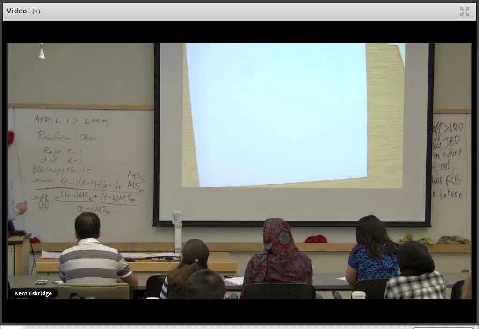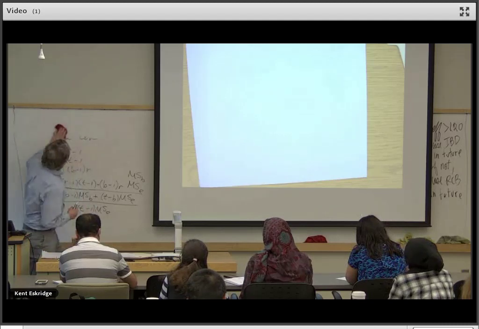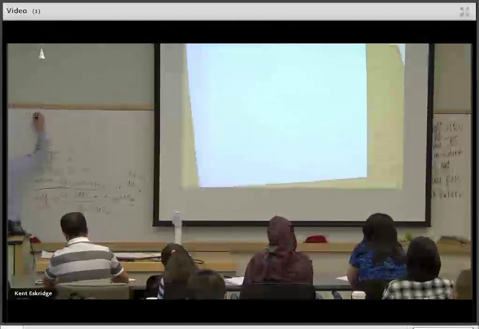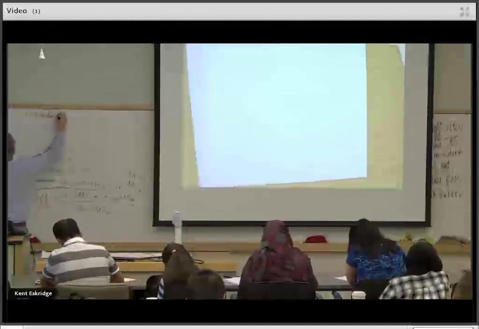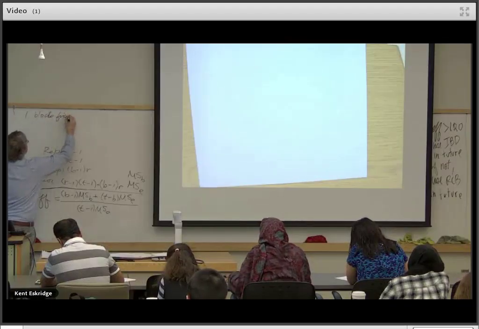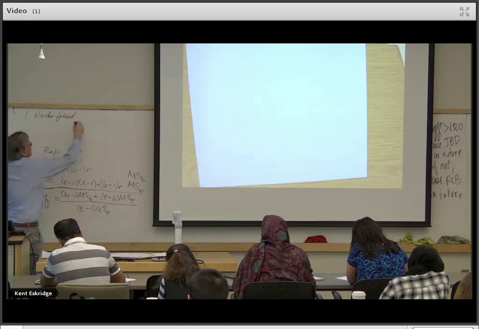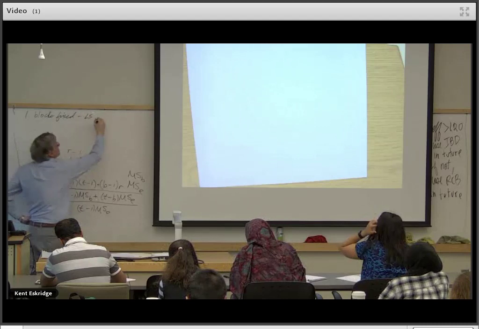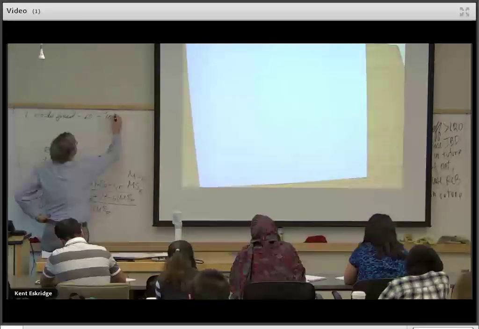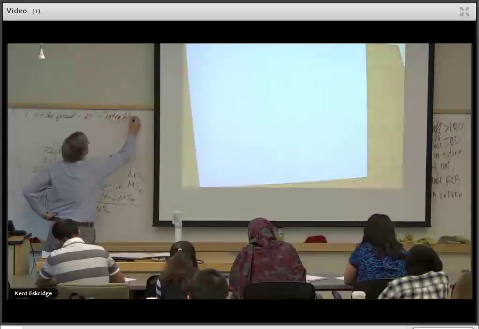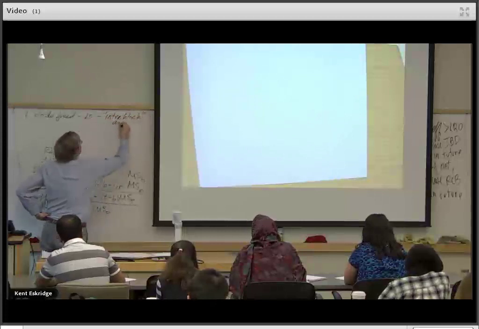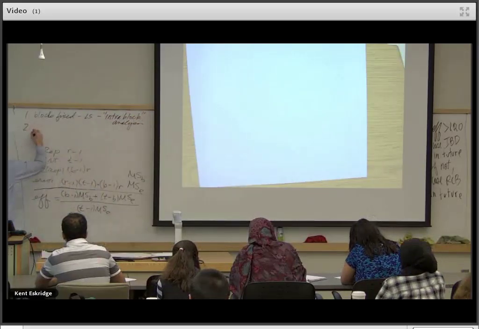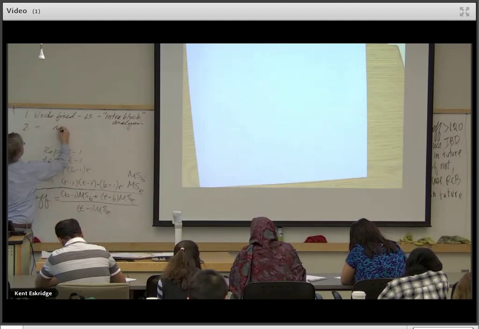Okay, so the types of analyses of incomplete blocks. There's 2 types of analyses. One is blocks fixed. This is just a fixed effect analysis. A fixed block effect, just totally least squares. It's just a least squares analysis, also called the intra-block analysis. Okay, and the other method is blocks are random.